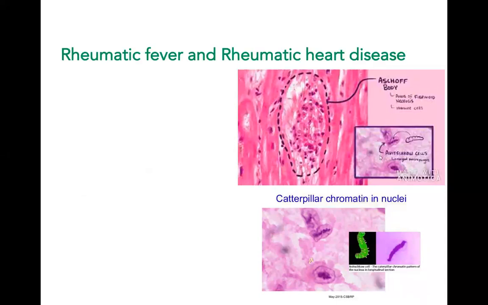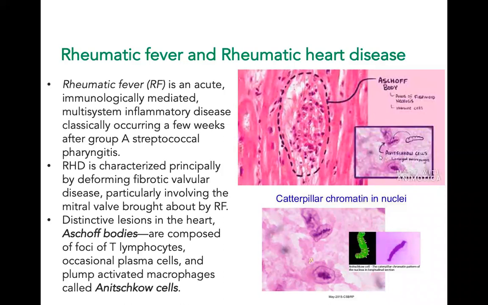All right. So we're going to talk about rheumatic fever and rheumatic heart disease. So what do you know about rheumatic fever? Rheumatic fever is an acute immunologically mediated multi-system inflammatory disease classically occurring a few weeks after a group A streptococcal pharyngitis. The defect here is molecular mimicry.